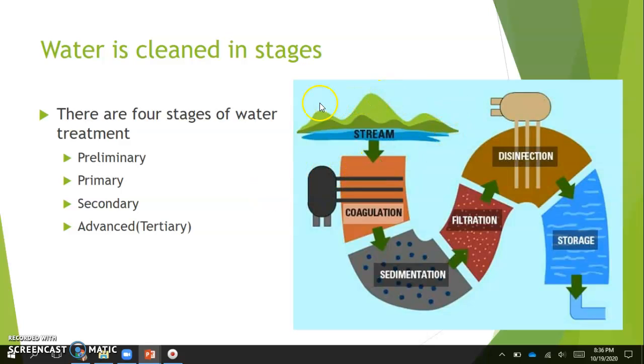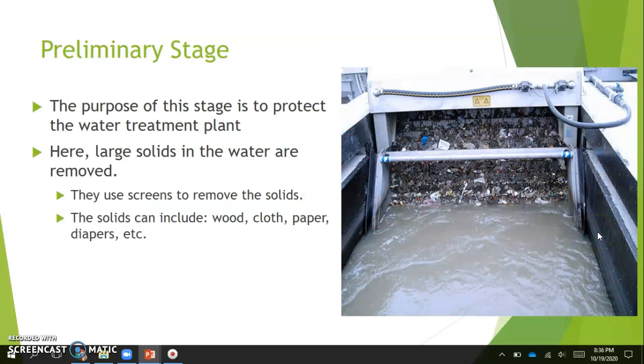So here is a visual representation of those stages, and we will talk about these in depth as we move on. Our preliminary stage, the purpose of this stage is just to protect the water treatment plant. In this stage, large solids in the water are removed. There are screens attached where the water flows through, and they just act as a filter.